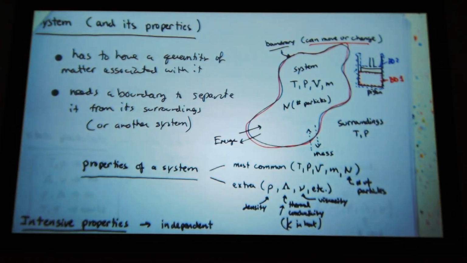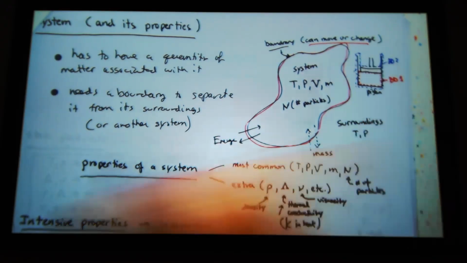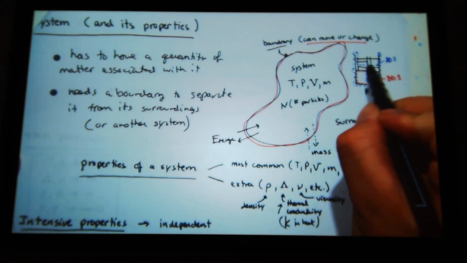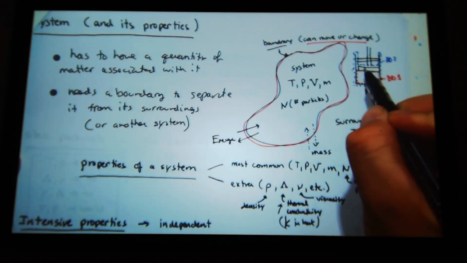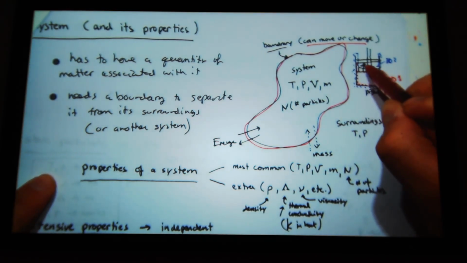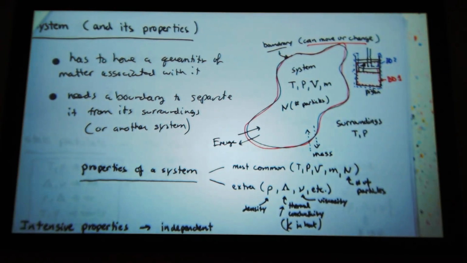Now, what happens to a piston? Sometime later, it moves up. What happens to the boundary? We'll just do it for one. My boundary expanded. My system changed boundary.